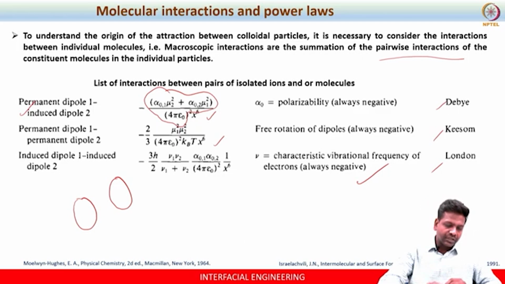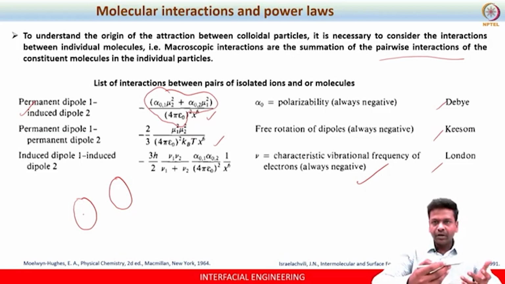If you take the example of argon, there will be a nucleus, and around it there will be an electron density, an electron cloud. If the electron cloud shifts to one side, because the electrons are randomly moving around, at some point of time the electron cloud will be more on one side and less on the other side.